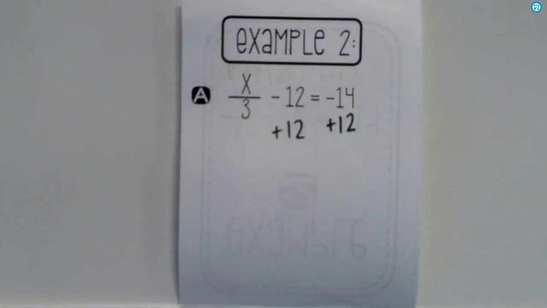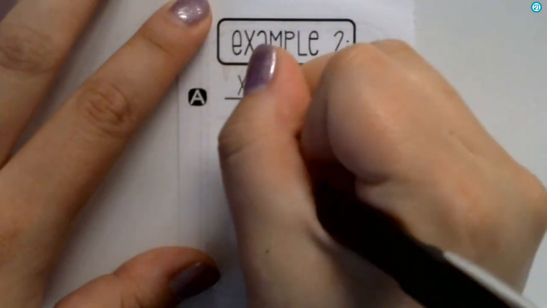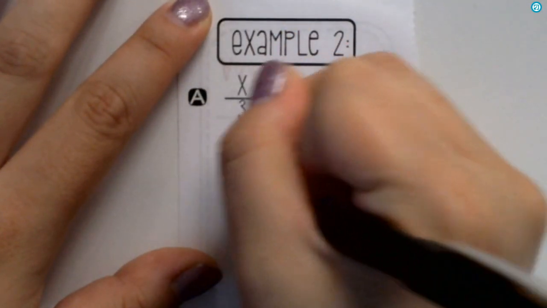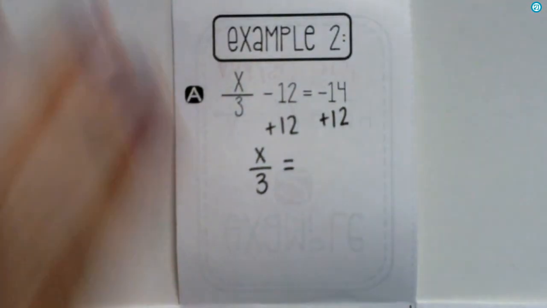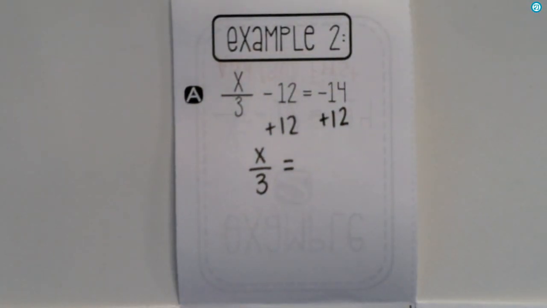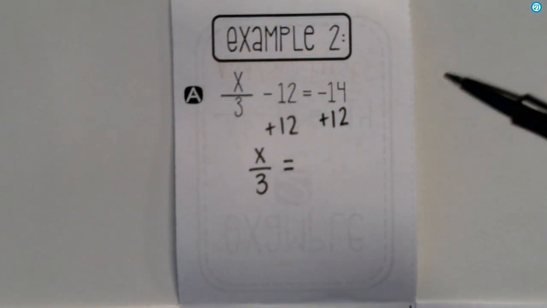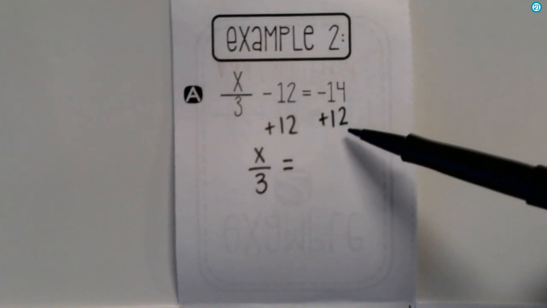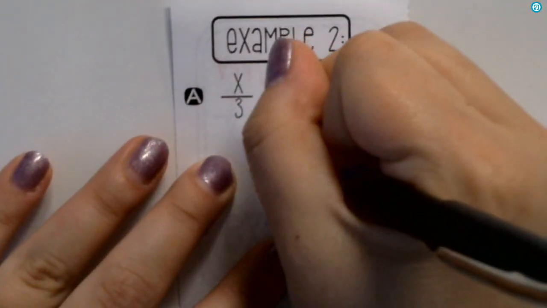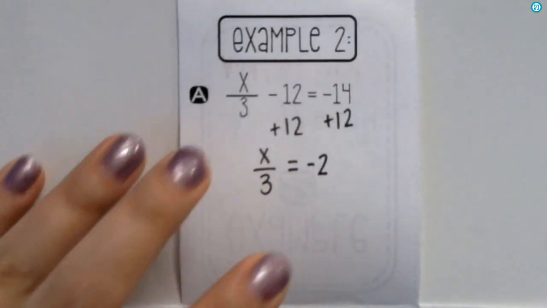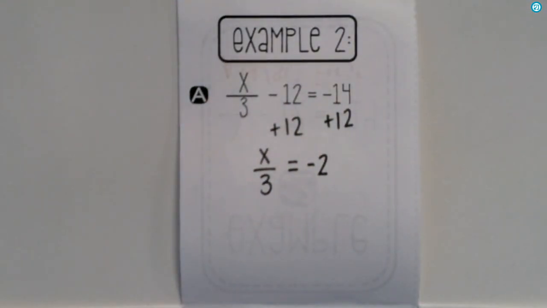So on the left side, we've got x over 3. And on the right side, we're adding 12. So we've got negative 14 plus 12, which is negative 2. Now the next thing that we need to do is get rid of that over 3.